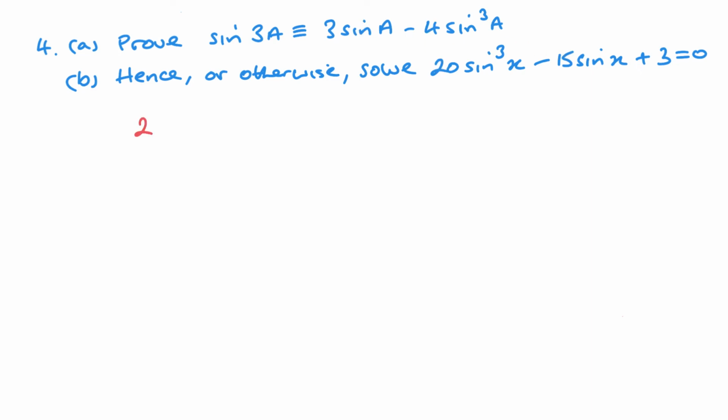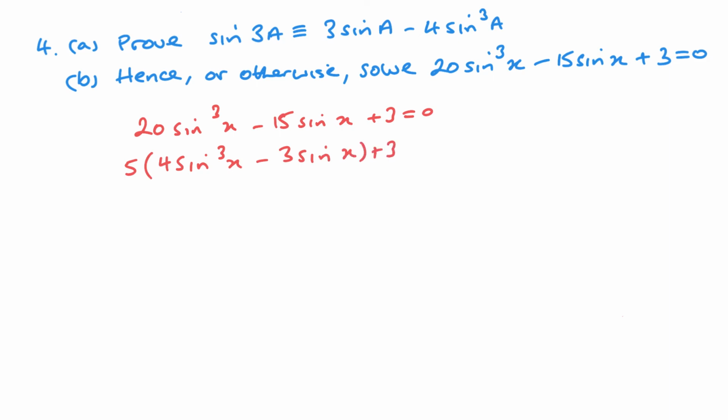Now, 20 sine cubed x minus 15 sine x plus 3 equals 0 is my equation. If I factorize out a 5, I would get 4 sine cubed x minus 3 sine x plus 3. This is now very similar to up here, just the opposite signs.